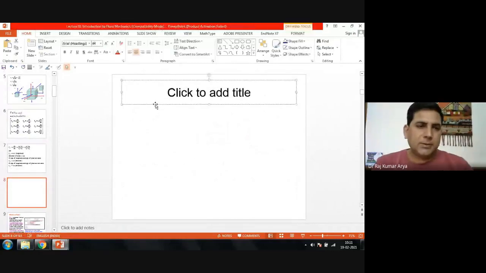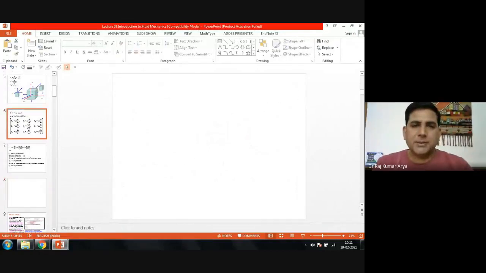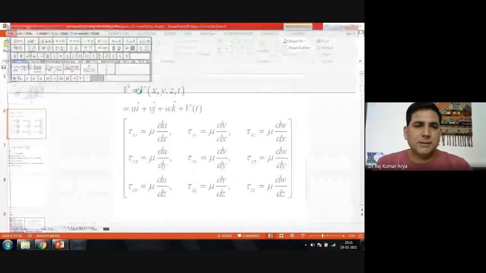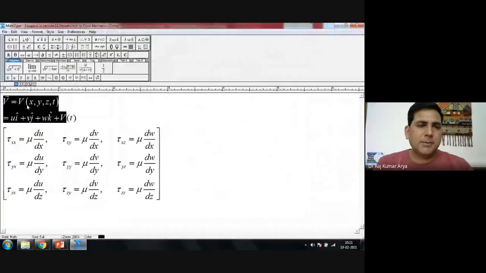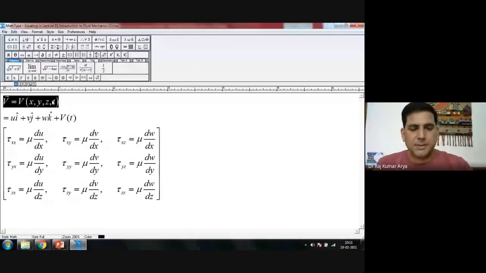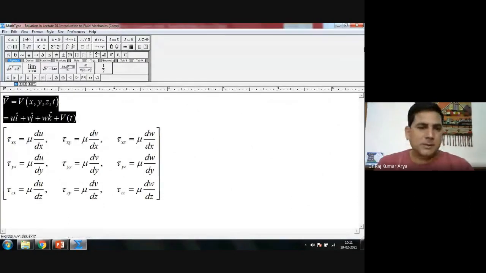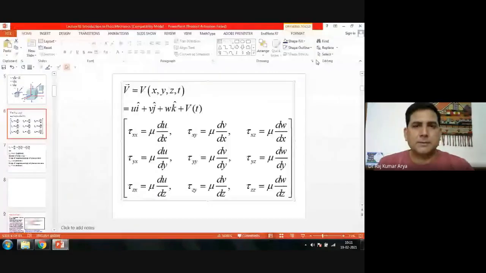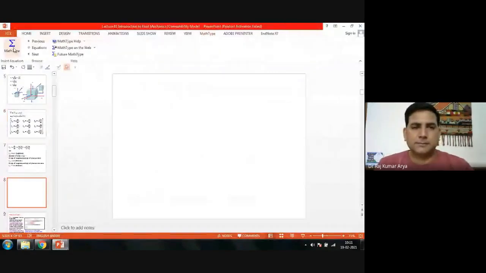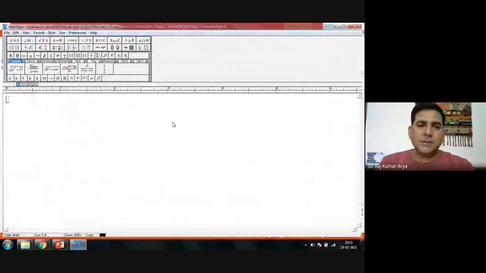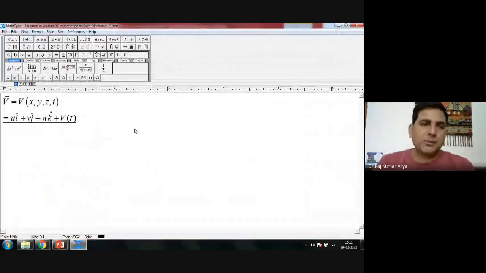so practically this was your velocity vector. Let me copy it completely. So this is what you have. Practically, you want to calculate your dv upon dt, right?